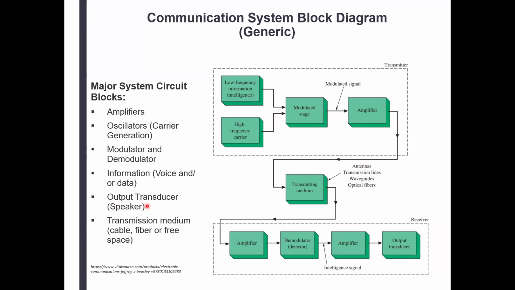The output transducer and the input transducer, we already talked about that. And this is the transmission medium, which is the environment for the signal to travel. And we go cable, fiber, or free space, so copper, fiber, or air, right?